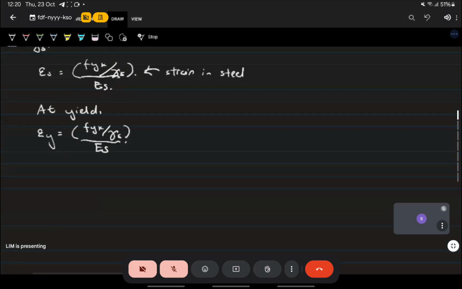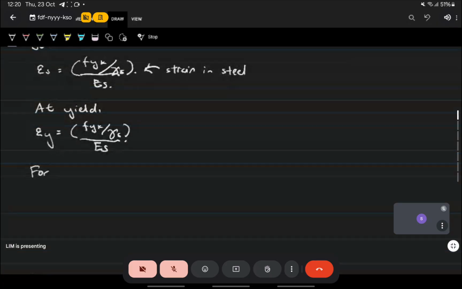Therefore, reinforcement, sometimes I use a short form, rebar. Rebar basically means steel reinforcement.